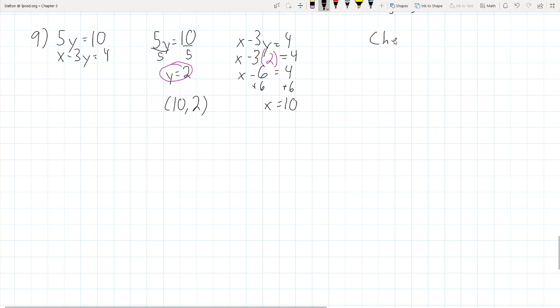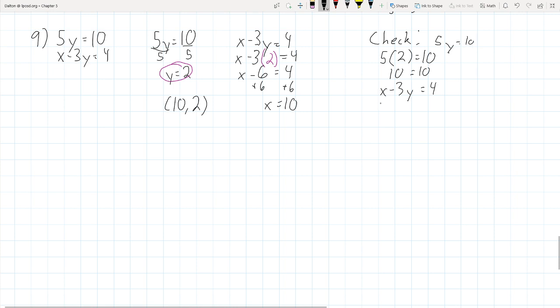Now what we need to do is check. First one's pretty easy because we already did that. So I go 5 times 2 equals 10. 5 times 2 is 10. 10 equals 10. I'd hope so. Then we have x minus 3y equals 4. Oh, I just realized I didn't do the original on this one. It was 5y equals 10.